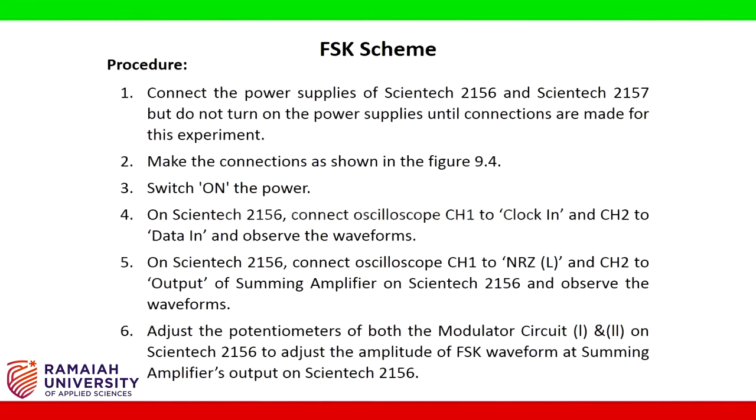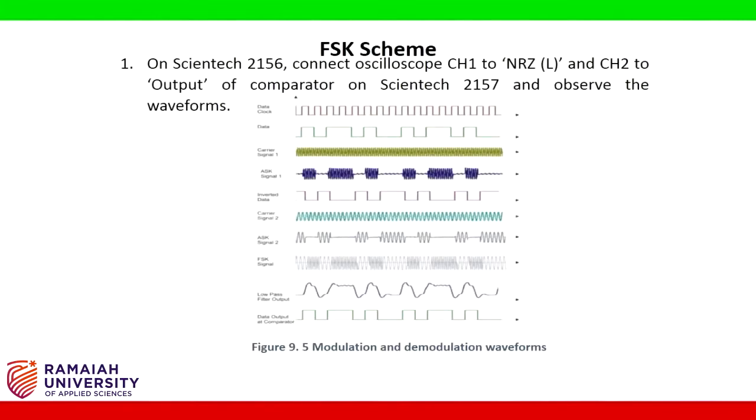Adjust the potentiometers of both the modulator circuit 1 and 2 on Syntec 2156 to adjust the amplitude of FSK waveform at summing amplifier's output. On Syntec 2156, connect oscilloscope channel 1 to NRZ and channel 2 to output of comparator on Syntec 2157 and observe the waveforms.